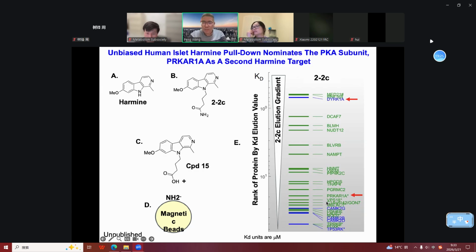Only one of them, when silenced, gave some beta cell function gene expression like harmine treatment, which is PRKAR1A up here. Although it's not a high rank, it actually has a very amazing phenotype.